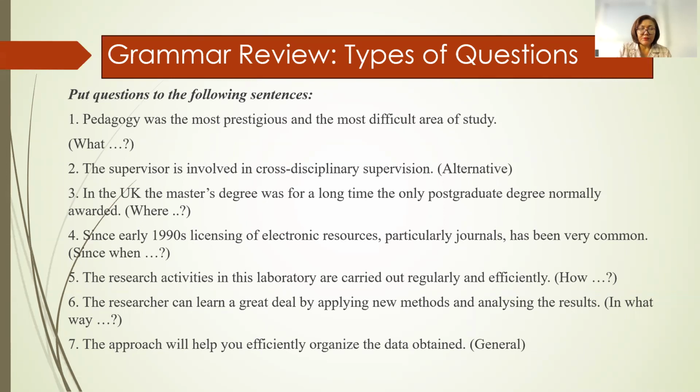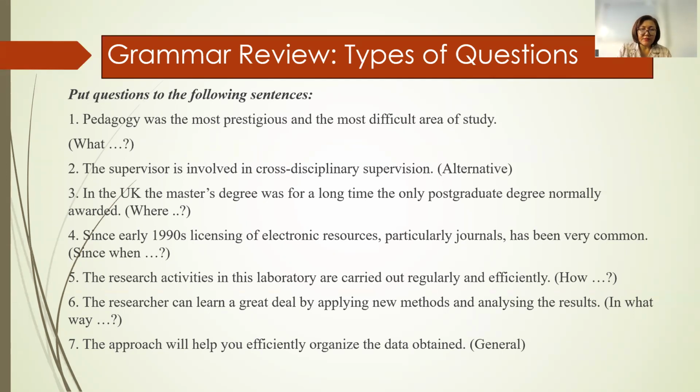Okay, let's put a question to the second sentence. The supervisor is involved in cross-disciplinary supervision. Here we can use the alternative type of question. Is the supervisor involved in cross-disciplinary or specific supervision? Alternative. Okay, let's put a question to the third sentence with the question word where.